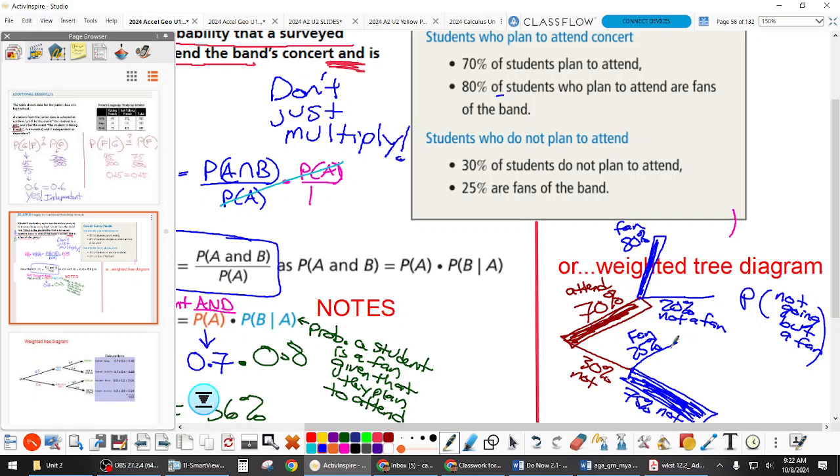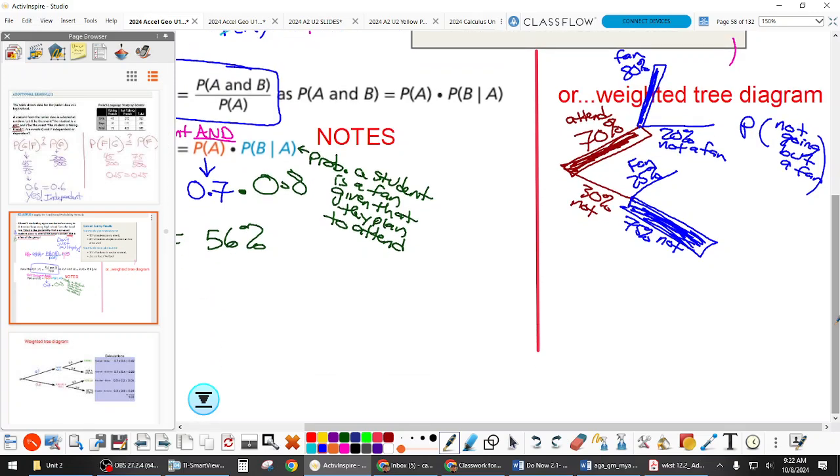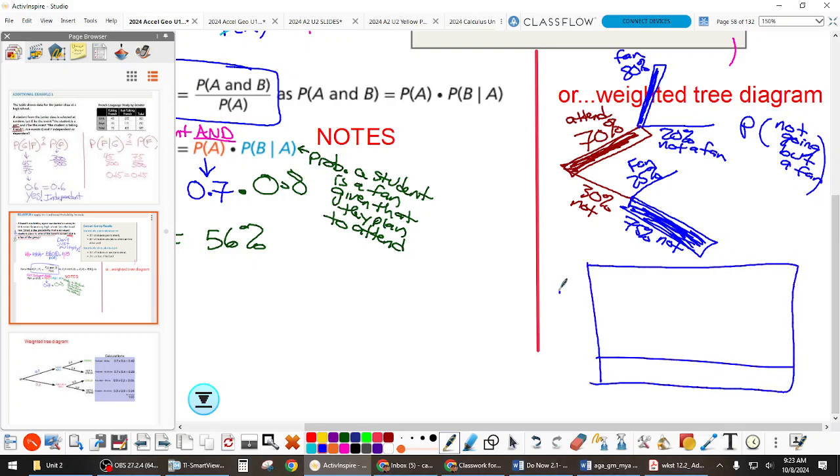Okay? How's that feel? Which one of these do you like better? Okay? And people are pointing both directions. I guess it's probably worth really quick just showing you the area model. So I would do it this way. Going or not. So that was 70. Sorry. 70% and 30% not going.